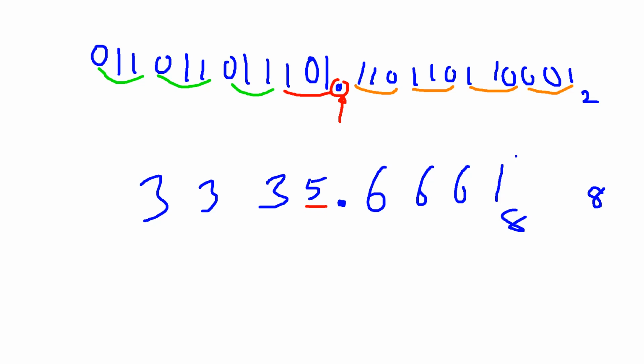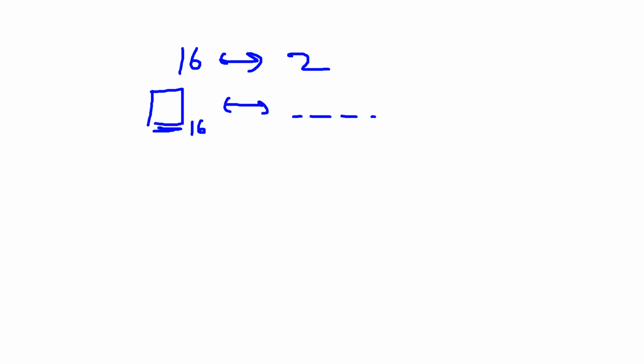Similarly, if you want to convert between radix 16 or hexadecimal and radix 2, can you? Yes, 1 digit of radix 16 equals 4 bits of binary number, because radix 16 goes 0 1 2 3 until 15.